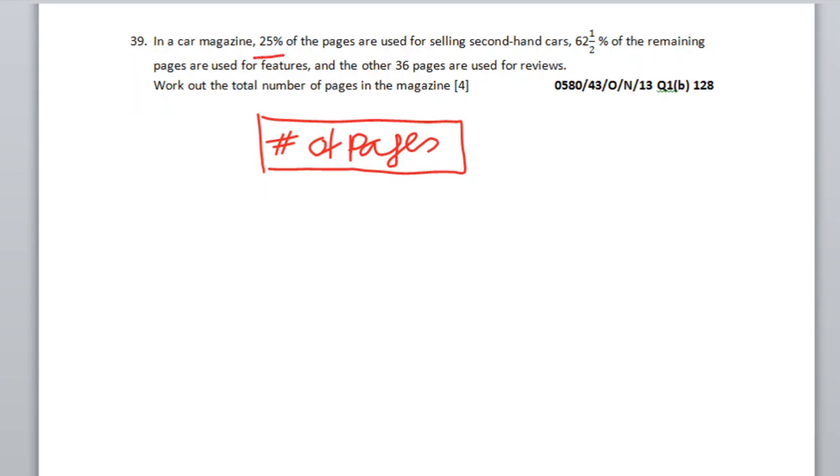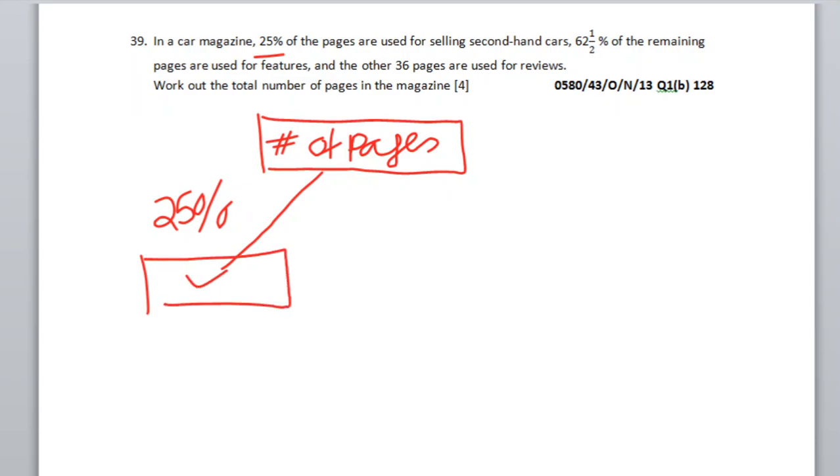We're told that 25% of the pages are used for selling second-hand cars. So 25% of the pages will be used for that. Next, 62.5% of the remaining pages.